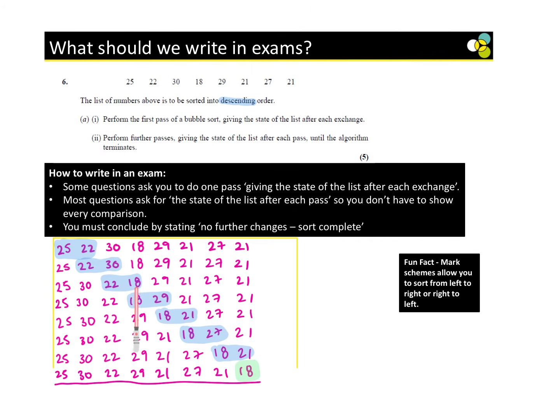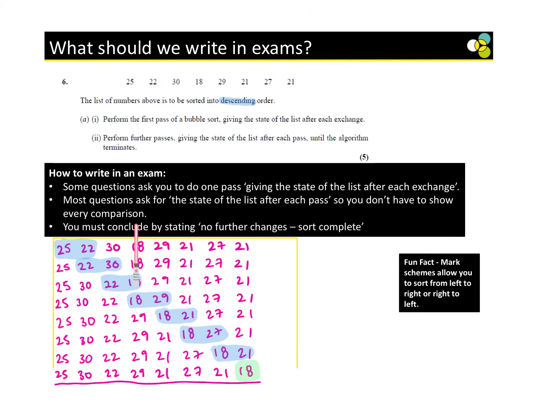If we have a look at the mark scheme, we probably didn't have to write this first one, and the 22 and 18 one we didn't have to write either, because we didn't have to move it. But, you know, when in doubt, write it out. I just suggest you only need to do the first pass, okay?